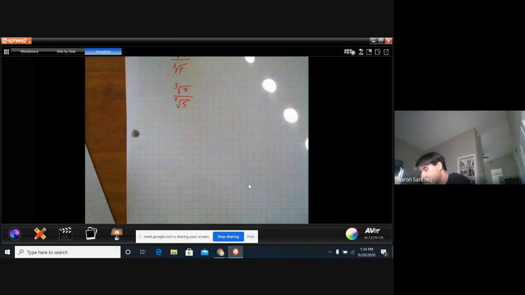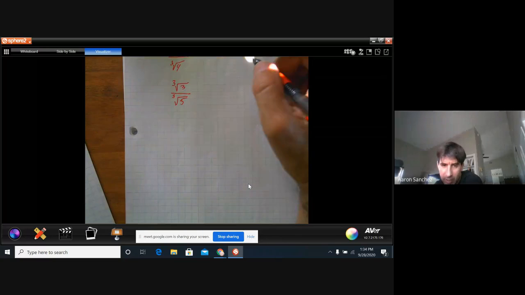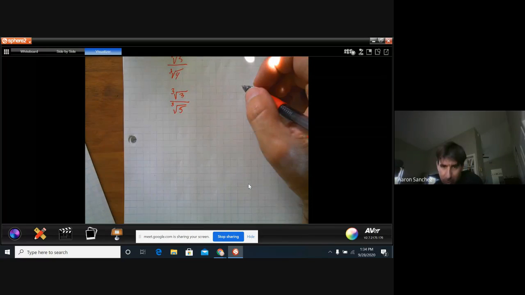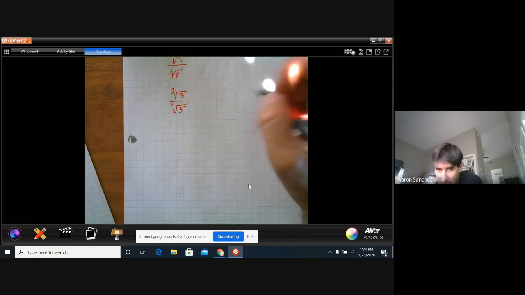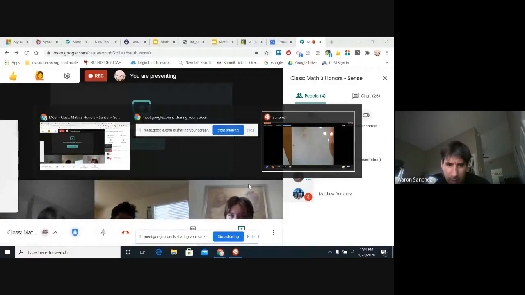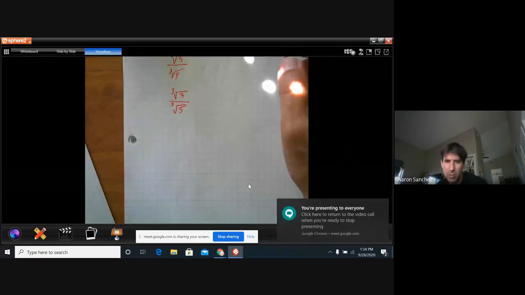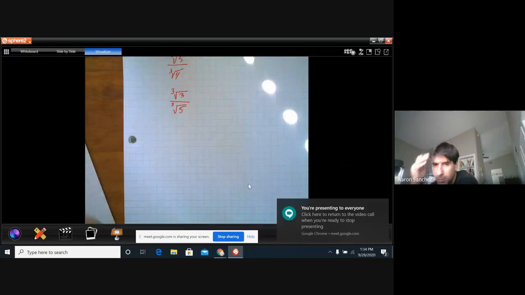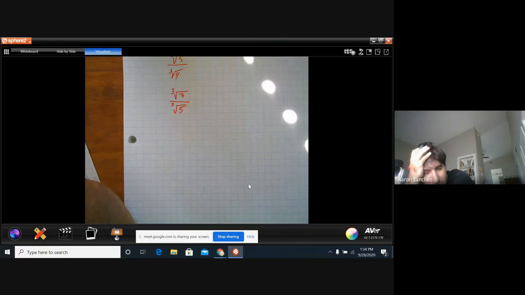Whoops. Cube root of 3 divided by the cube root of 5. So now I need to find a perfect cube that I can multiply this by. Matthew, right? Is it Matthew? Matthew, can you think of a number that would be a perfect cube? I just want to see where you're at with this.